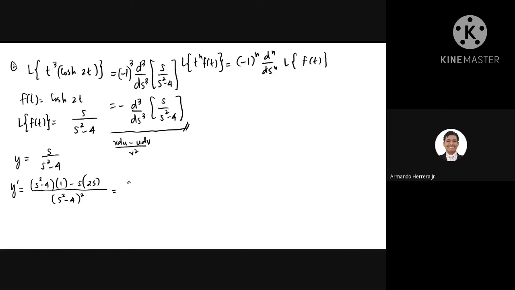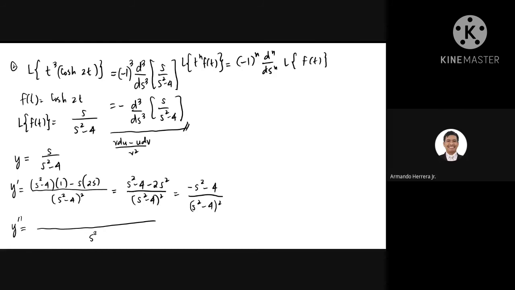Simplifying this gives s squared minus 4 minus 2s squared over s squared minus 4 raised to the second power. So this is negative s squared minus 4 over s squared minus 4 squared. So let's get the second derivative now.